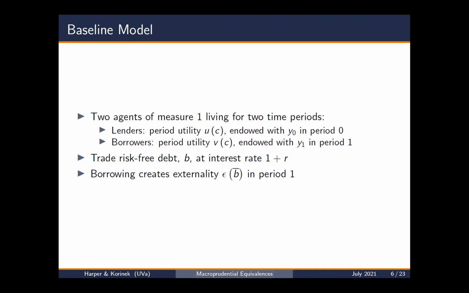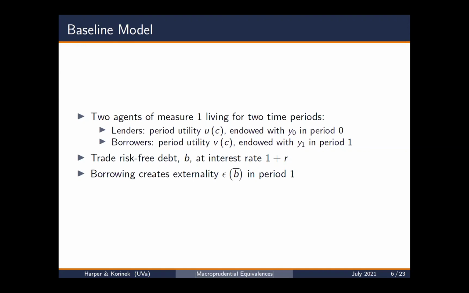And they have utility, but we distinctly allow them to have different utility so that borrowers don't necessarily have to be households, but they could also be things like firms or financial institutions in this baseline model that are borrowing. So they are trading a risk-free debt, which we denote as B, and there's an interest rate associated with that.